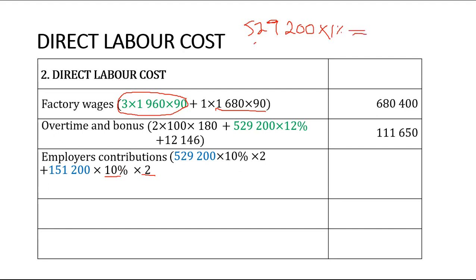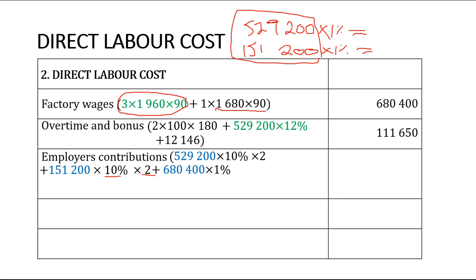And then you will take 151,200 and multiply that by 1%. It'll give you the answer. Or you could have just added these and just multiply them by 1% to get the answer, which is what I did. When you add 529,200 with 151,200, it'll give you 680,400. You just times it by 1%, okay?